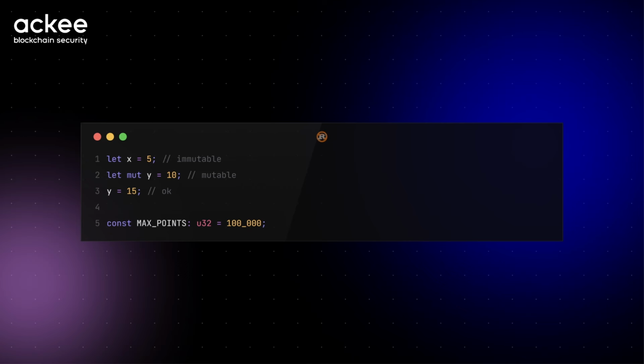Last but not least, I have specified the constant here called MAX_POINTS. If you define constants, you need to define also the type of the constant. So in this case, we define that MAX_POINTS is going to be an unsigned 32-bit integer.